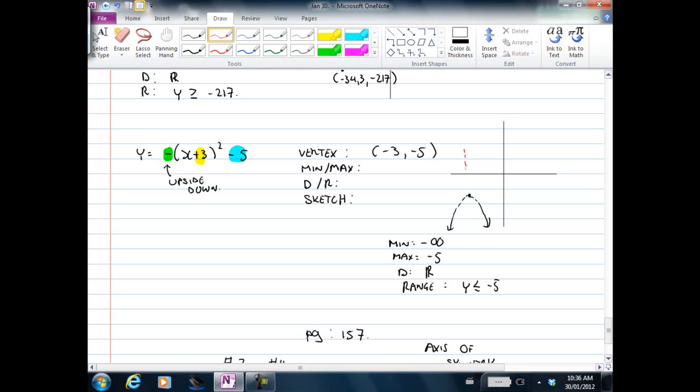If you draw it in, this right here is my axis of symmetry. Axis of symmetry refers to the x value. When x equals, what is your x value going to be? Whatever the vertex is. So that's your axis of symmetry right there.